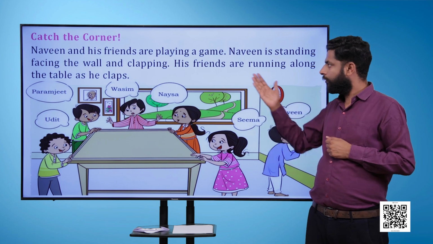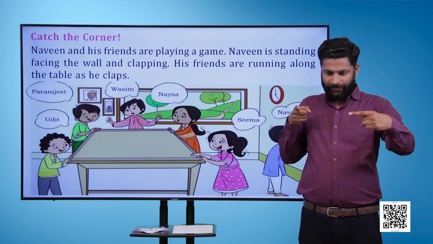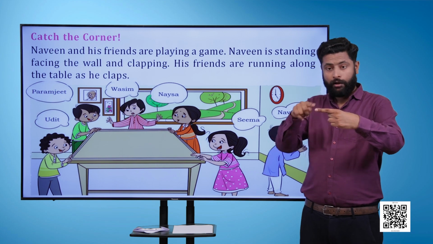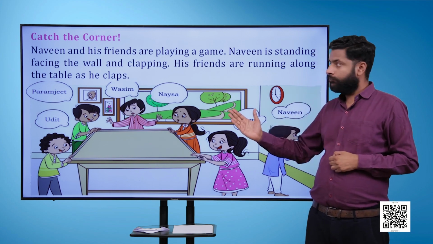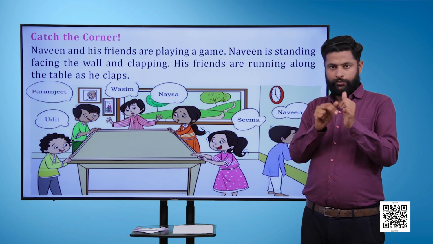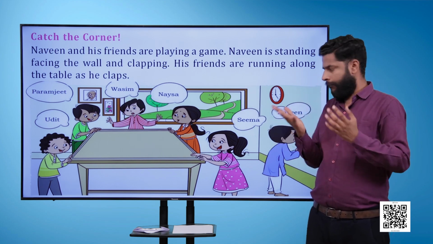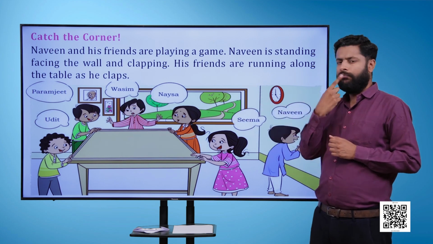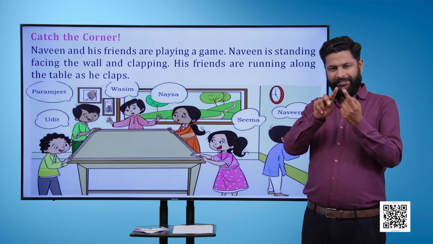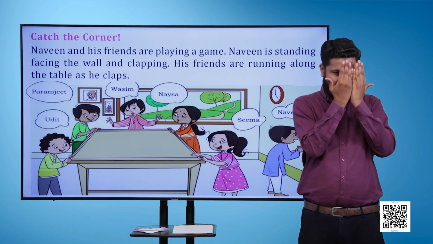Catch the corner. Naveen and his friends are playing a game. Naveen is standing facing the wall and clapping.